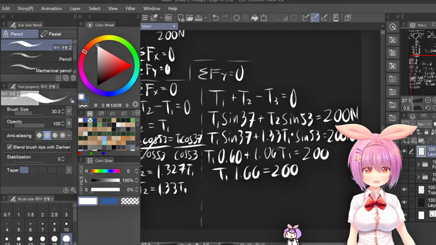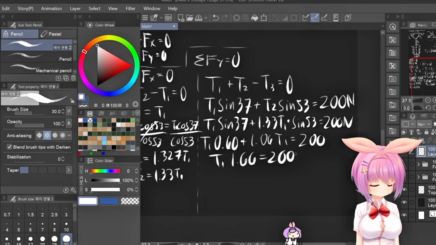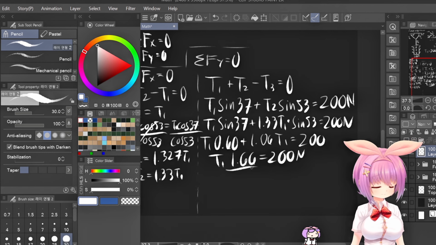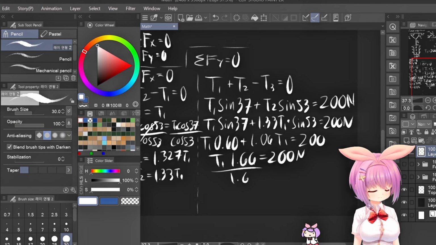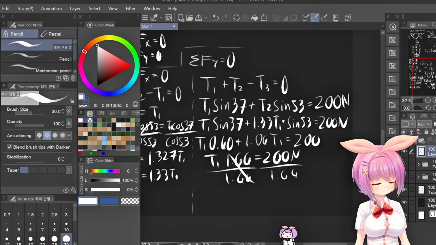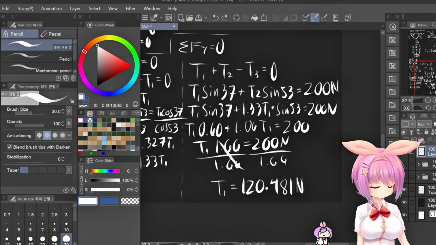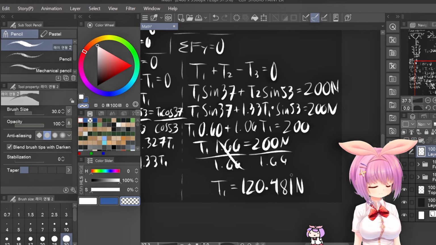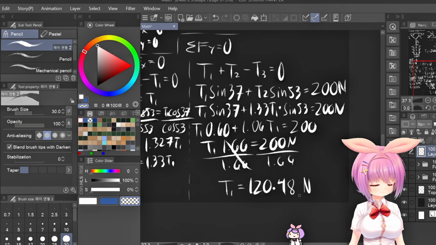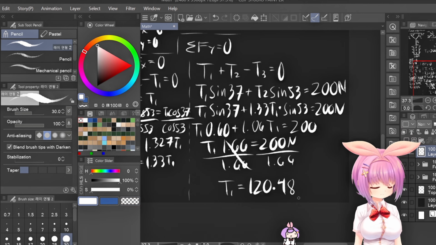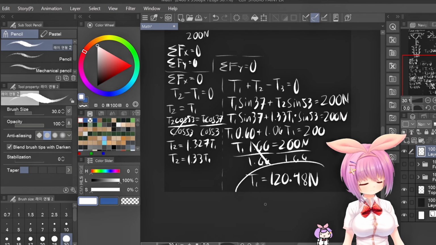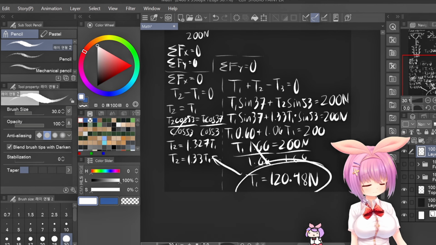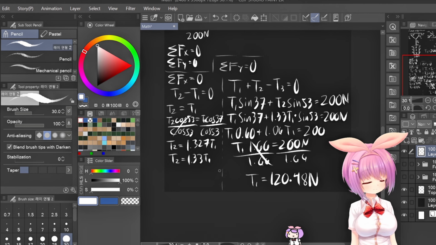Then to isolate T1, to find the value of it, we're just going to divide it by 1.66. If we round it off, it's basically just the same. Maybe let's erase it. And now since we have the value of T1, we're just going to plug it here and then multiply it.